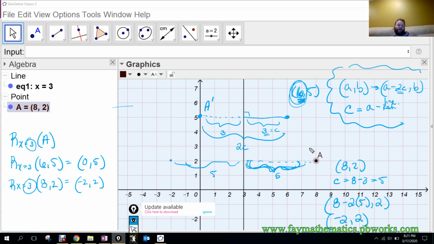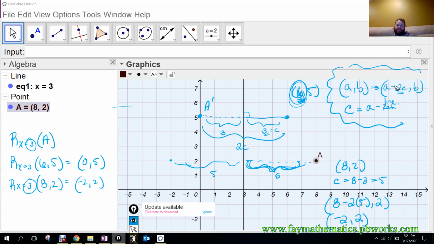So it's kind of a quick way to work through a reflection across a line that is not the line y equals x or the x-axis, y-axis, and so forth. You can do the same thing with a vertical reflection. So you'd be reflecting over a horizontal line. It'd be a vertical reflection because the image is moving up or down in the plane.